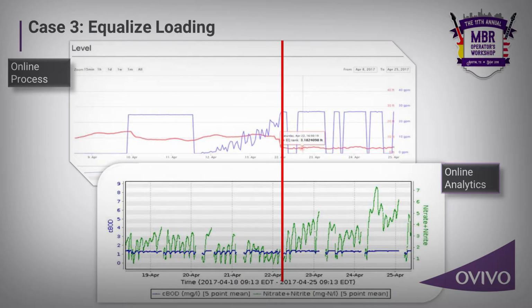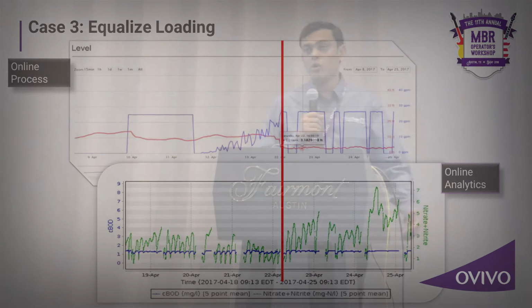On the top chart, the horizontal red line shows the customer was maintaining a certain equalization tank level, and since they wanted more capacity in the EQ, they dropped it to a low level. And when they dropped it, immediately their permeate started getting TN fluctuations and not meeting the norms.